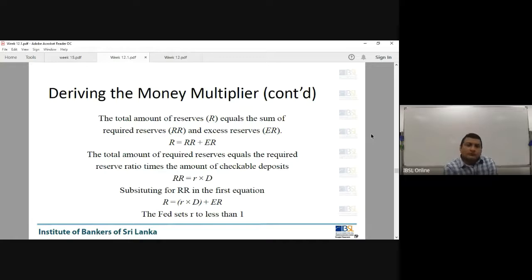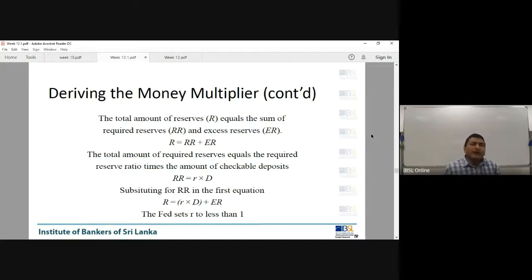Okay, so then we move on. We define total reserves as unequal to required reserves in the simple model. R equals RR in our simple model, but we know that is not the reality, and that's not the actual circumstance, where the total reserves are not only the required reserves but also the excess reserves.